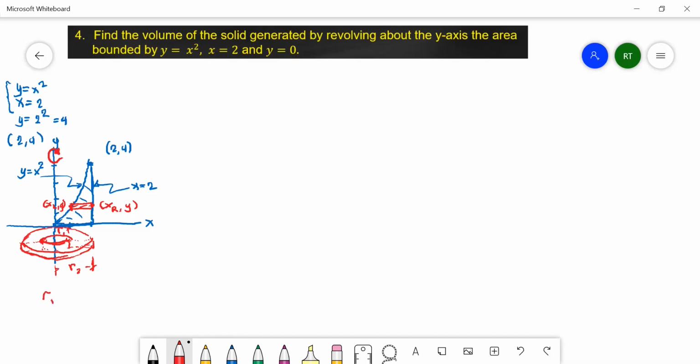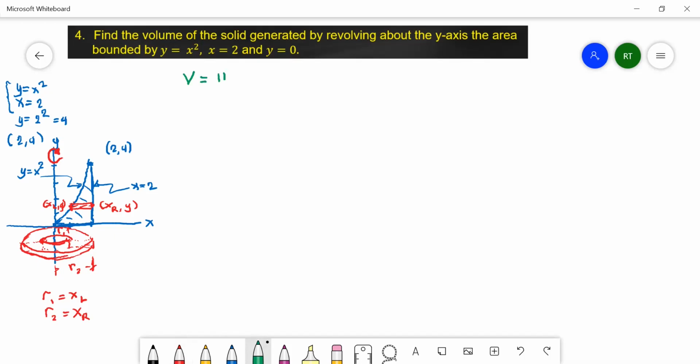R sub 1 is x_L, and R sub 2 is equal to x_R. And of course, if we want to get the volume of the solid of revolution of the region bounded by y is equal to x squared, x is equal to 2 and y is equal to 0, we're going to base it on the volume of the washer.